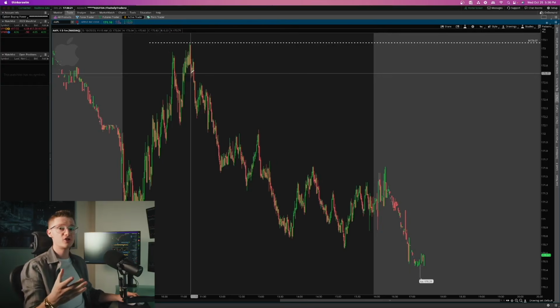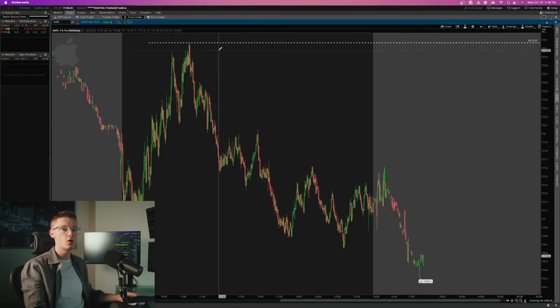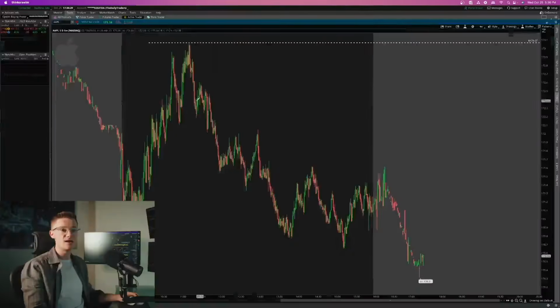Throughout this trading day, we wanted to keep an eye and be aware of this overhead resistance level. But it looks like the market did end up pulling back and we started selling off, seeing lower lows throughout the day. And then we ended up closing the day.